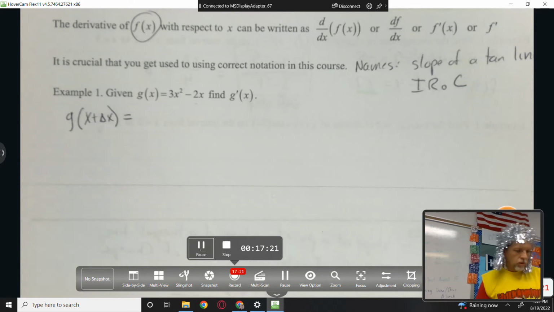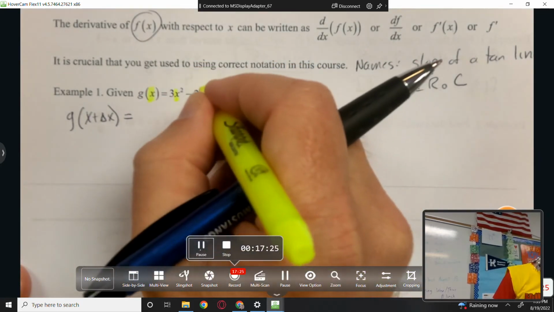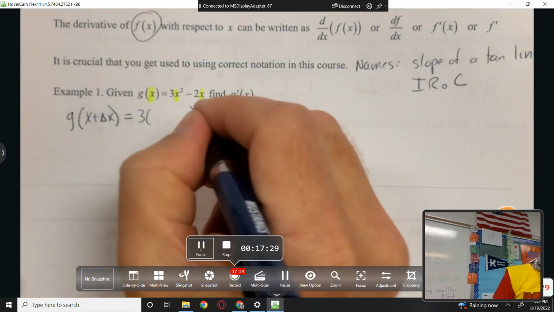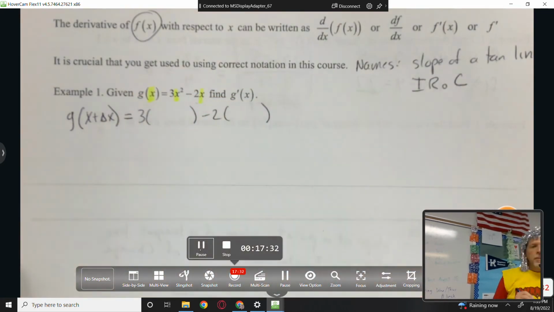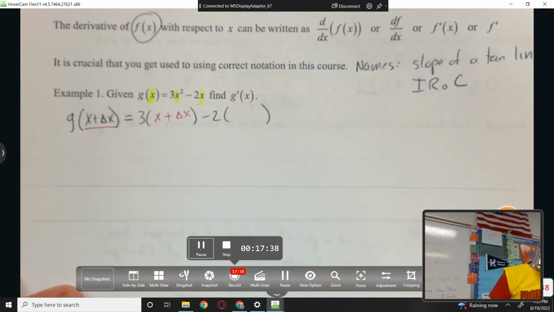Well, I hope this is old news. This is what we're doing in pre-cal right now. Whatever's in parentheses goes in for x on the other side. So my input is now x plus delta x, and we'll square it.